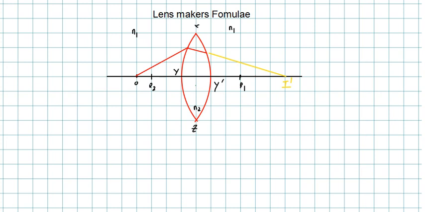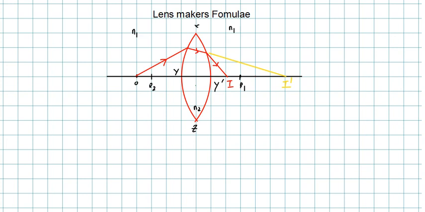Now for the second surface, this image I prime acts as an object, and again refraction takes place at the interface XY prime Z, and the final image I is formed somewhere here. This is the path of the ray.